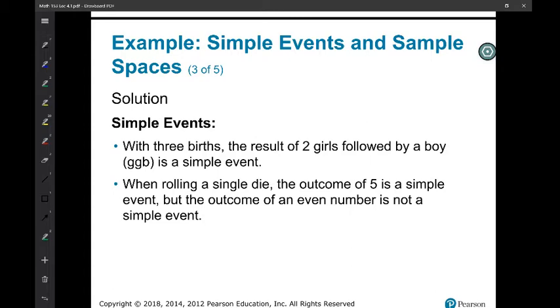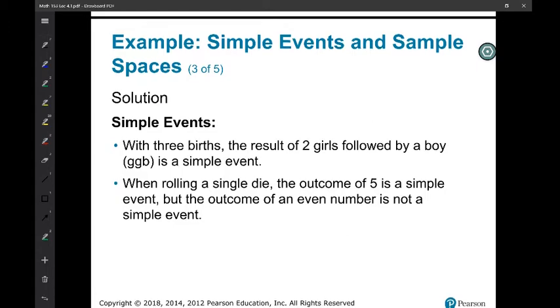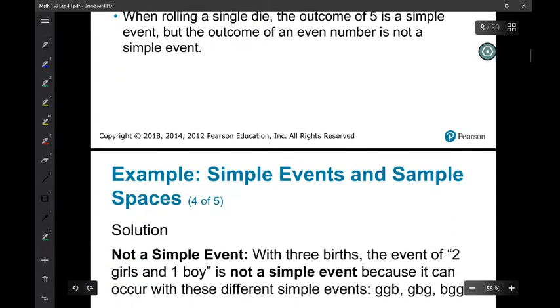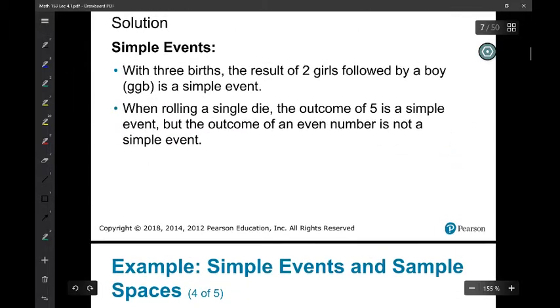When rolling a single die, the outcome of 5 is a simple event, but the outcome of an even number or an odd number is not a simple event, because getting an even number can be realized by rolling either 2, 4, or 6.